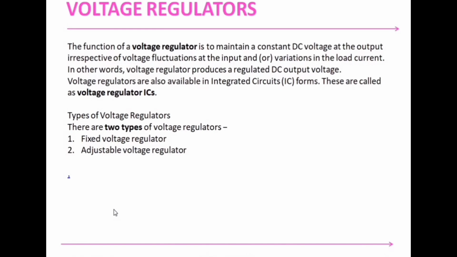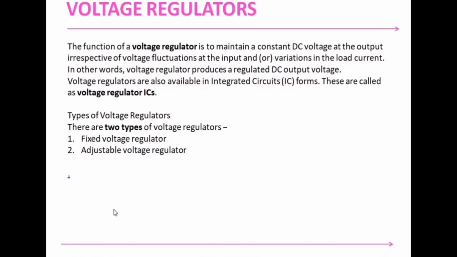The unregulated voltage is due to the fluctuation in the temperature, and if the load voltage or load current changes, so these are the causes of the voltage fluctuation, or it also depends on the AC input voltage.